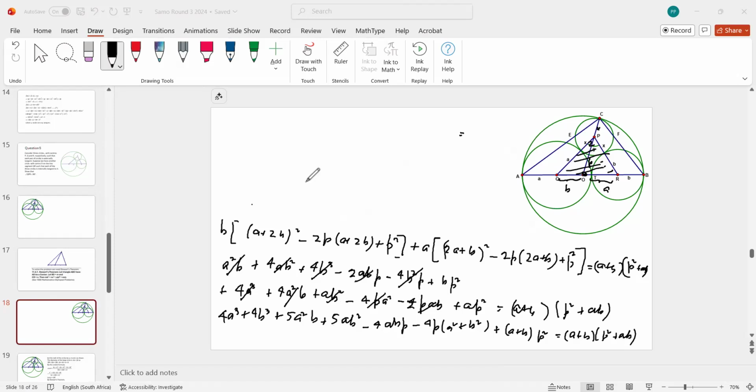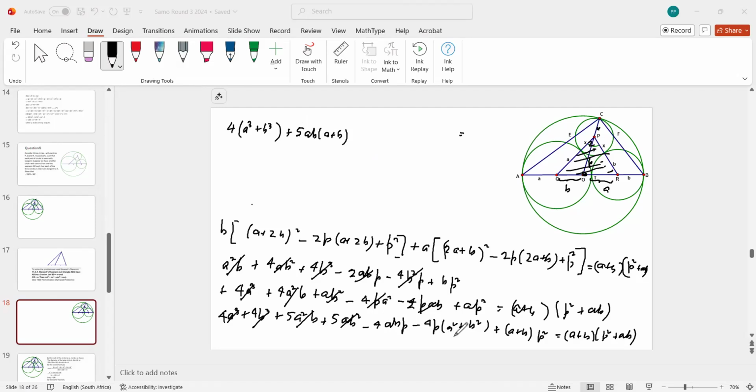Okay, I'm looking at the last line. I'm going to put 4 into a cubed plus b cubed. Right? That goes there. Here, I've got 5ab into a plus b. ab comes out of common factor.